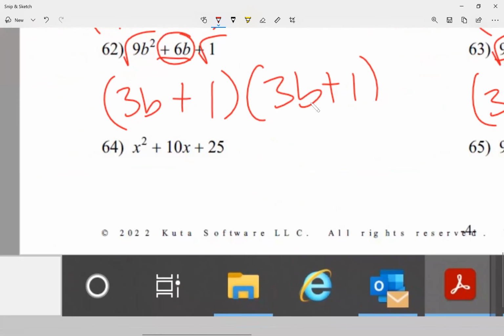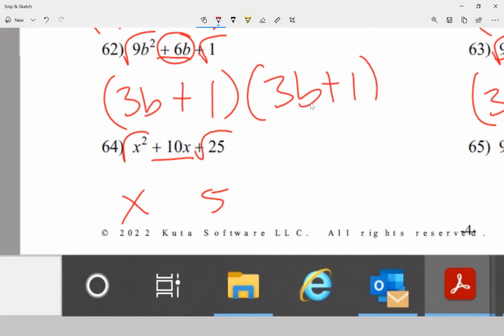All right, let's take a look at question number 64. I do the square root of x squared, so that gives me x. The square root of 25 gives me 5. 5 times x is the half of the middle term, right? 5x is the half of 10x. So it is a special case because my middle term is plus 10x. So I'm going to keep the plus.